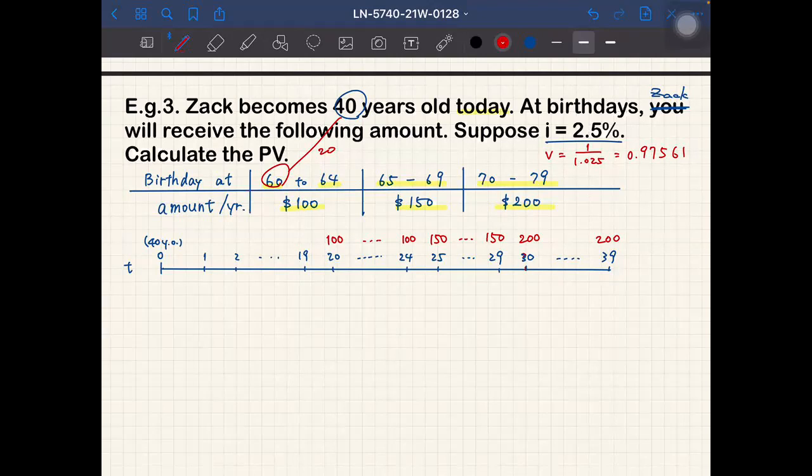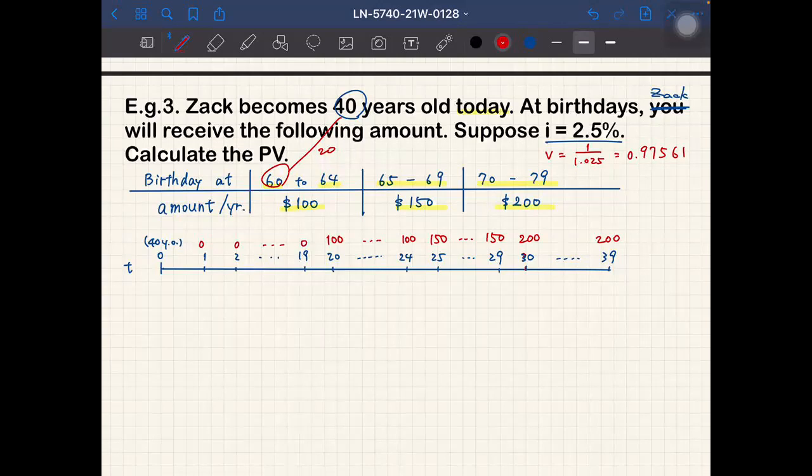There are several ways to go, but the point is that this is still a special case of block payments, because if we think about the zeros from 1 to 19, this is still a block payment.